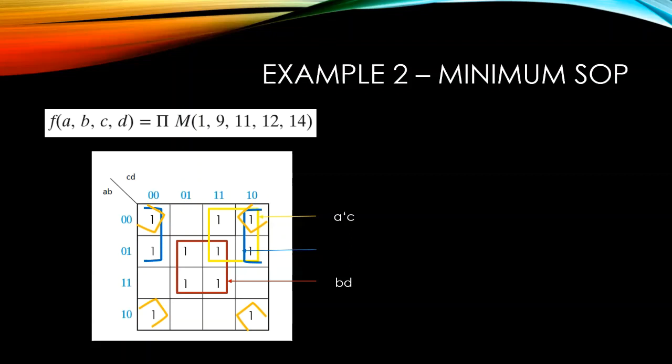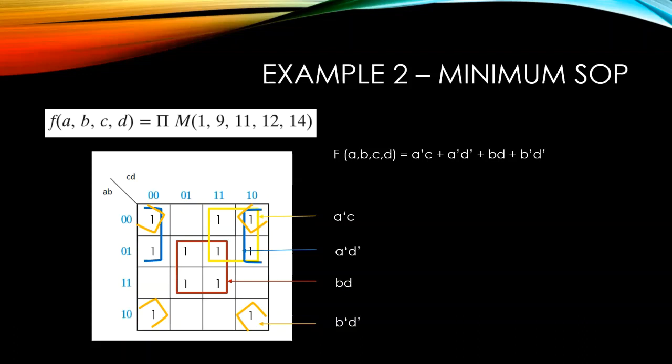So therefore, it will be represented by A naught D naught. And the four corners, B didn't change, and also D, both have a value of 0. So it will be represented by B naught D naught. And for these four terms, this will be our final answer.